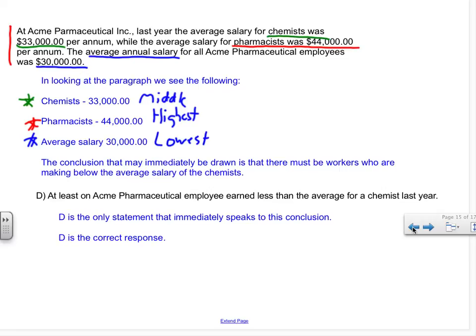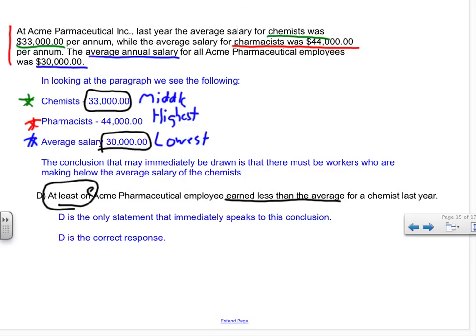At least one Acme Pharmaceutical employee earned less than the average for a chemist last year, because we know that the average salary right here is $30,000, and the average salary for chemists is higher at $33,000. So we do know that at least one earned less than the average for a chemist last year. So D is our correct response.